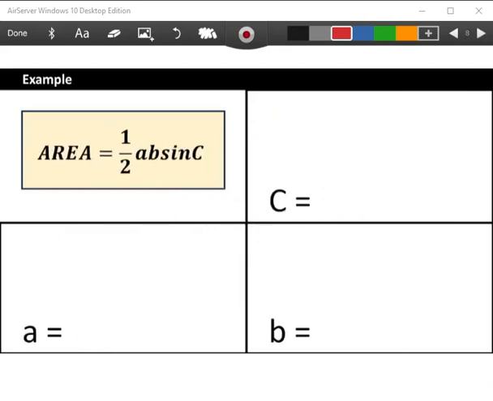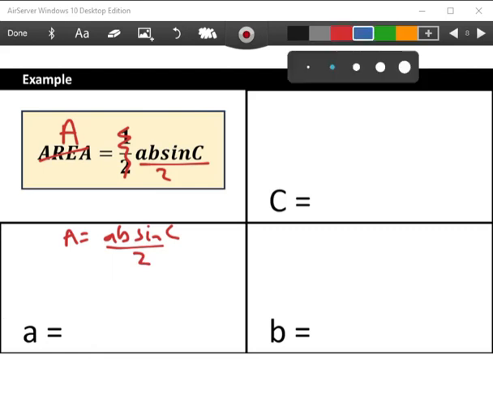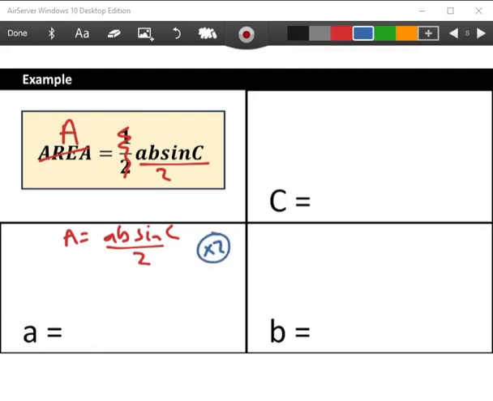Next. A bit more complicated, this one, a lot more mathsy. We'll start with finding a. I'm going to just change that to capital A, make things simple. Then I'm going to put it all over 2, so we've got A equals a b over 2. First thing I want to do is get rid of the 2, so I'm going to times by 2, the opposite to divided by 2.